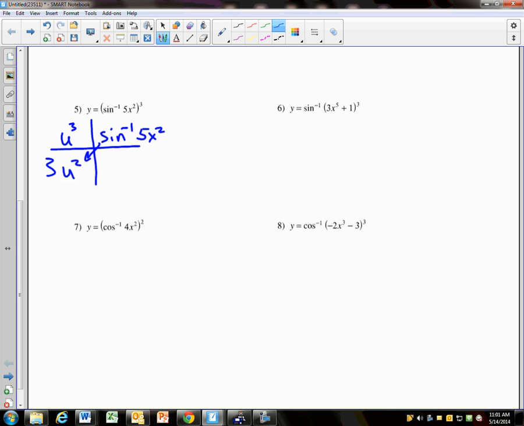How do I go about finding the derivative of that? Chain rule again. What's the outside? Sine inverse of u. Inside is 5x squared. What's the derivative of 5x squared? 10x. What's the derivative of sine inverse? 1 over the square root of 1 minus u squared.